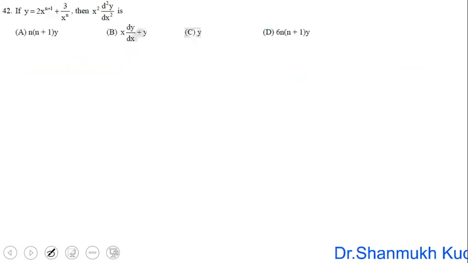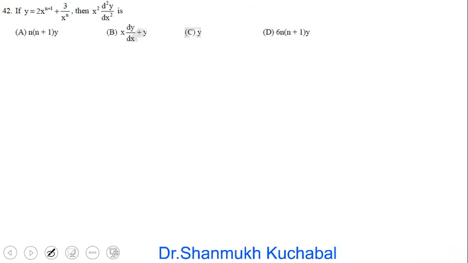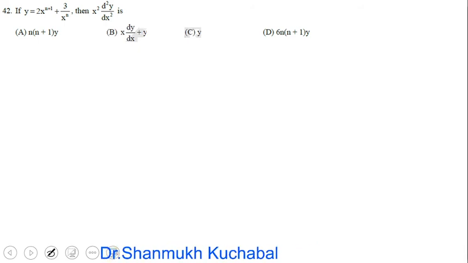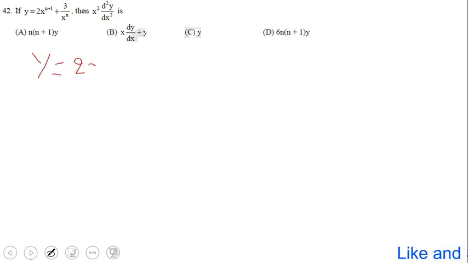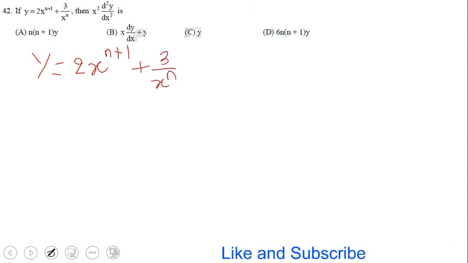Okay. We'll move to our next example. It is given that y equal to 2 into x raised to n plus 1 plus 3 divided by x raised to n, then we have to calculate the value for x square d square y by dx square. We will differentiate this one.